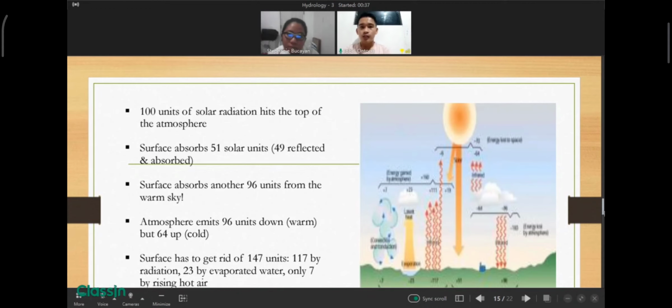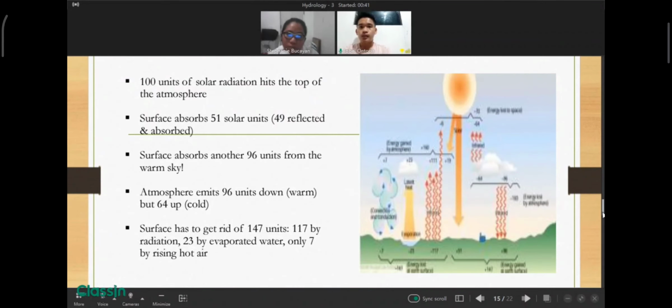So, 100 units of solar radiation hit the top of the atmosphere. The surface absorbs 51 solar units, while 49 are reflected or absorbed. The surface absorbs another 96 units from the warm sky.